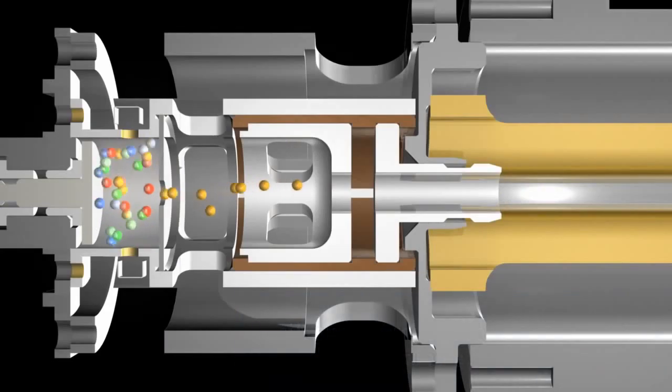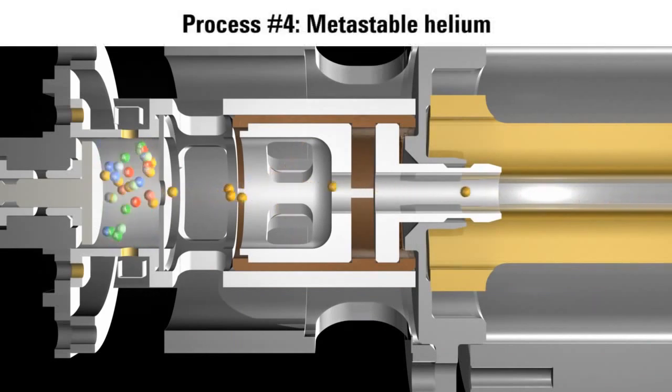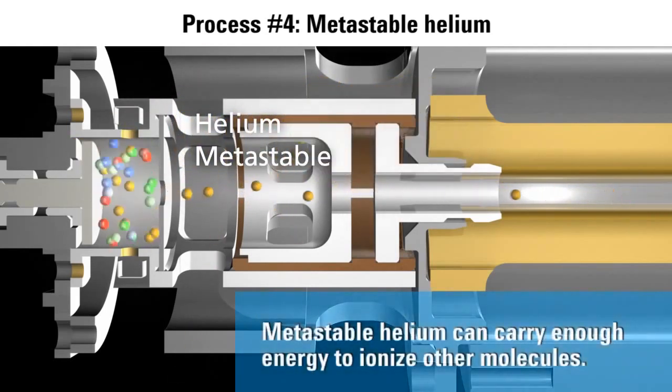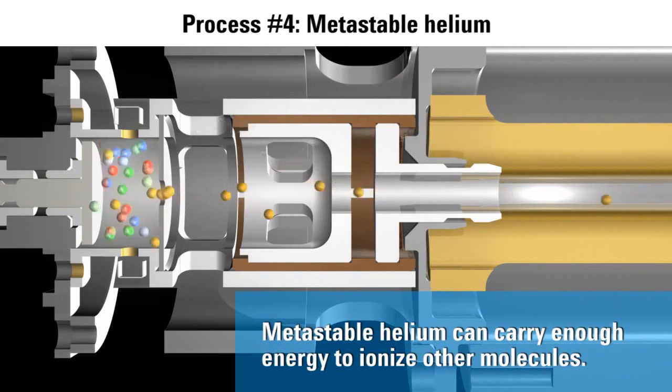Before continuing to the collision cell, one more process must be mentioned. An EI source produces a large number of highly energetic metastable helium atoms. These highly energetic atoms follow a random path like any other neutral until removed by the pump.